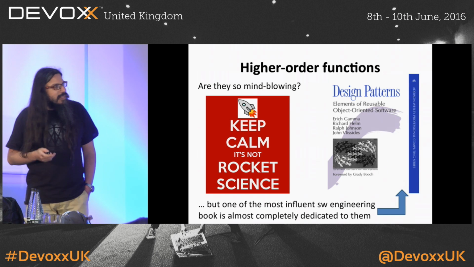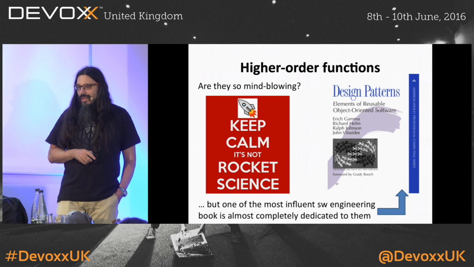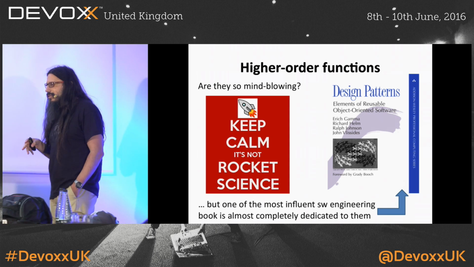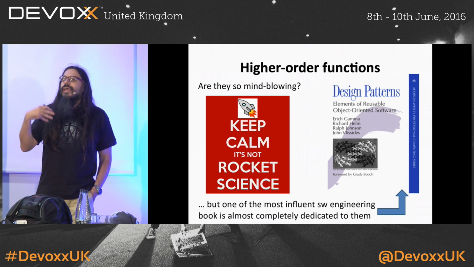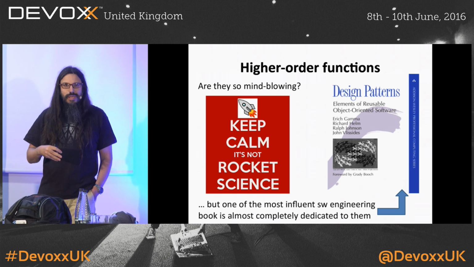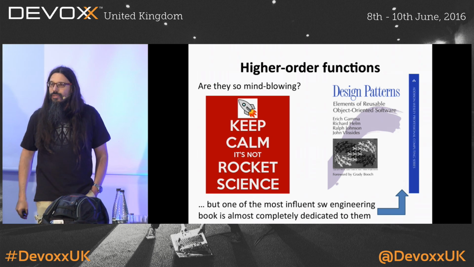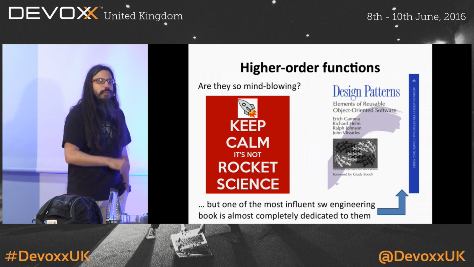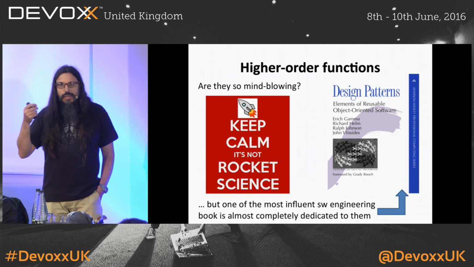I believe the main culprit is this book, which shows you lots of ways of using higher-order functions, but without calling them that. If you think about the command pattern, what is a command? It's a function. What is the strategy pattern? The strategy is a function.